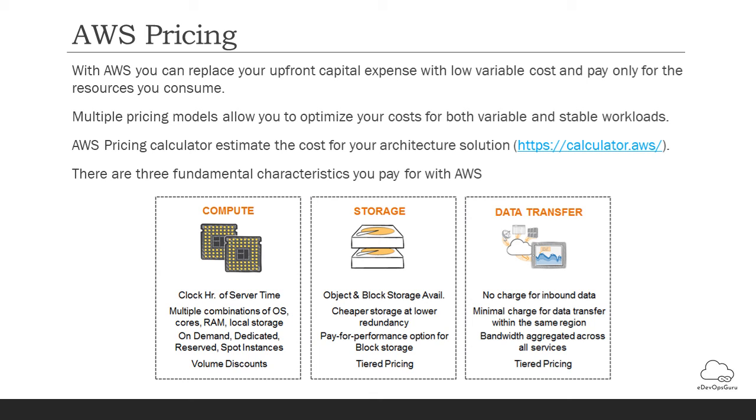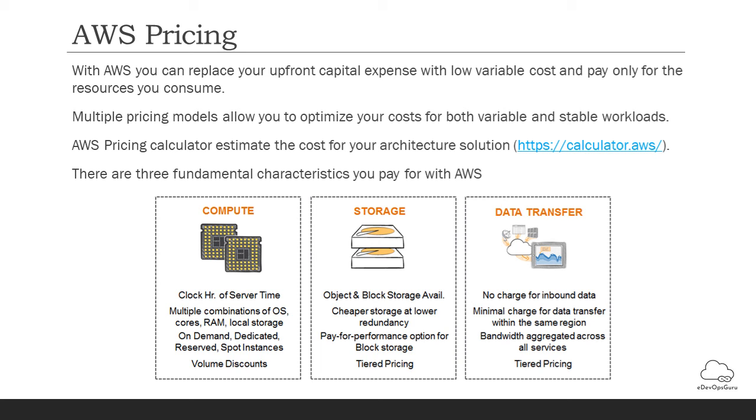Let's say, for example, if we want to host a database. In case of a database, processing power plus storage plus transfer rate, all three different factors will be combined together to calculate the price of a database resource.